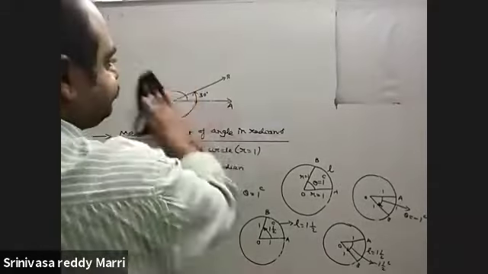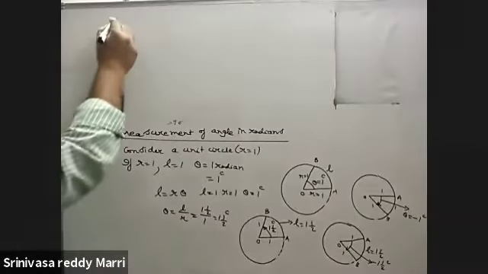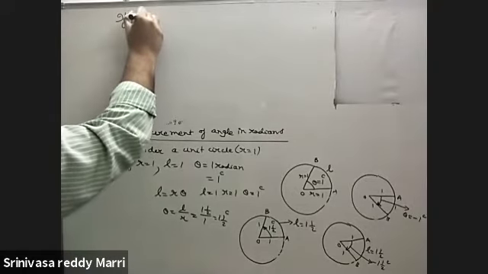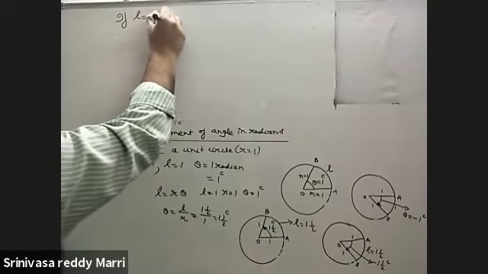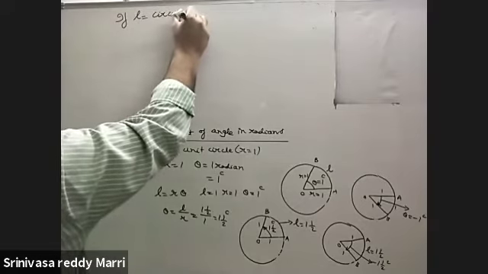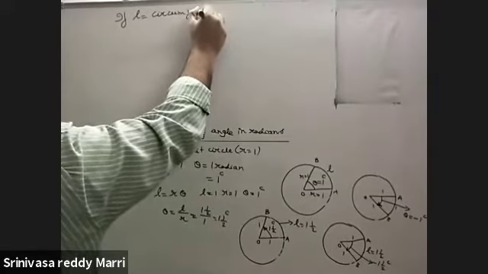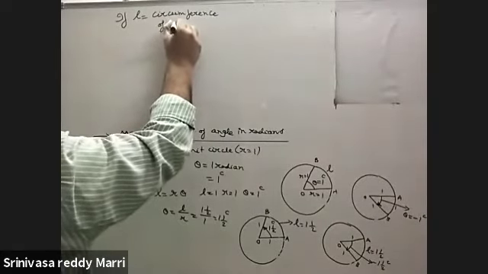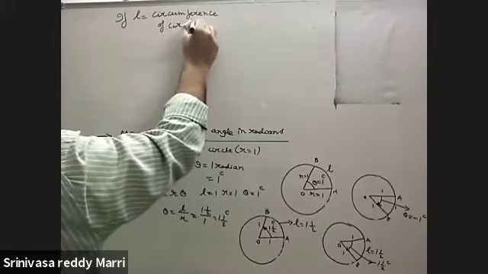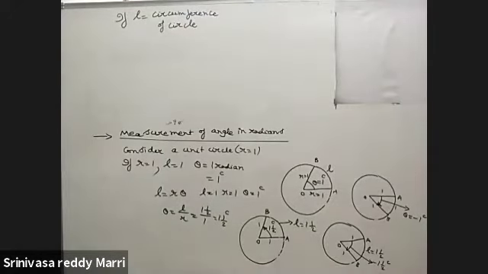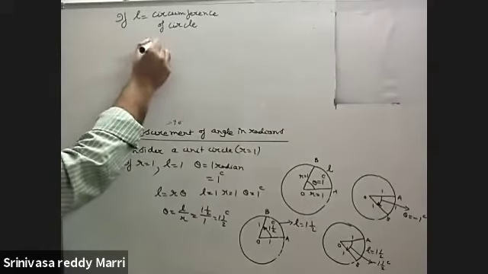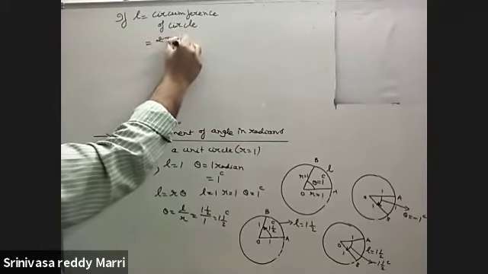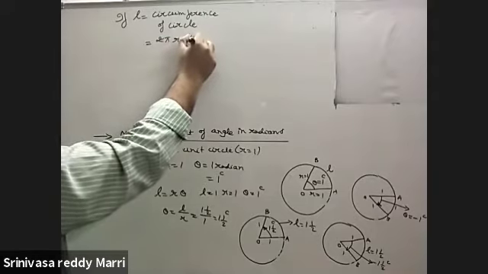Now look at, suppose L equals the circumference of the circle. That arc length is the circumference, that means 2 pi R. That means L will be how much?